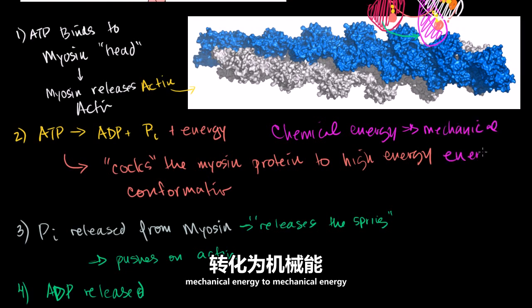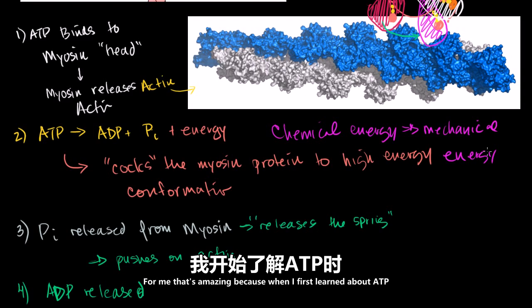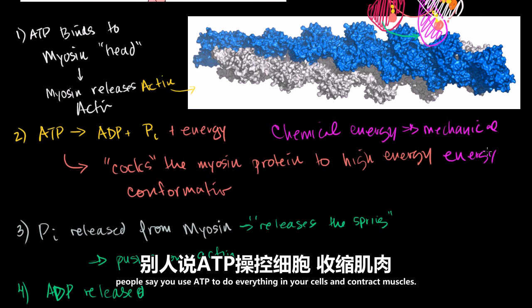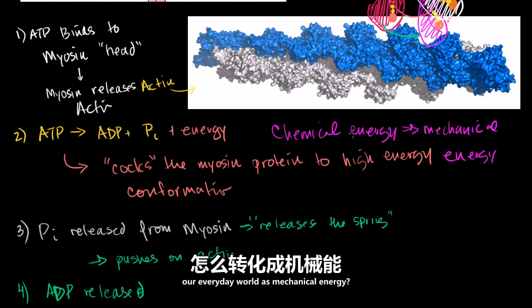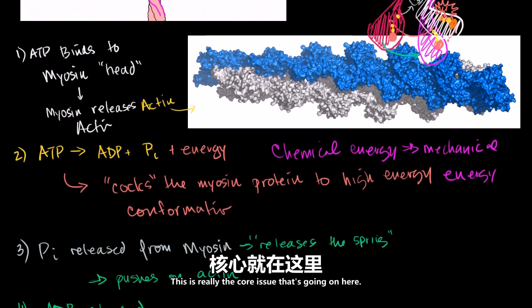And for me, that's amazing, because when I first learned about ATP, and people said, oh, they use ATP to do everything in your cells and contract muscles, I thought, well, gee, how do you go from bond energy to actually contracting things, to what we see in our everyday world as mechanical energy? And this is really where it all occurs. This is really the core issue.